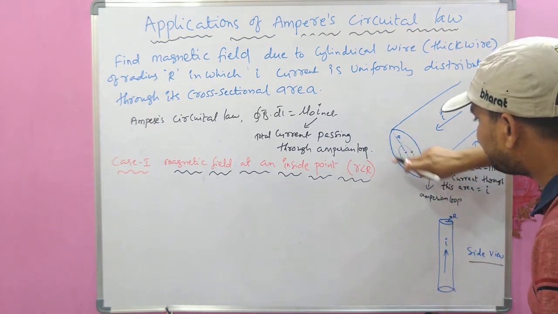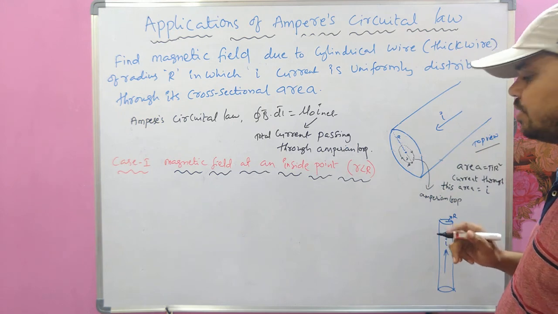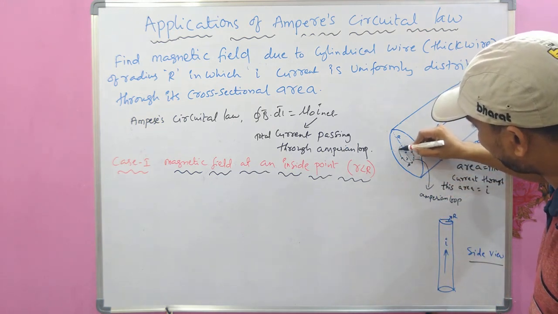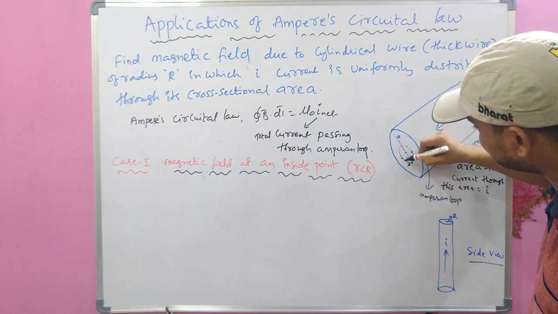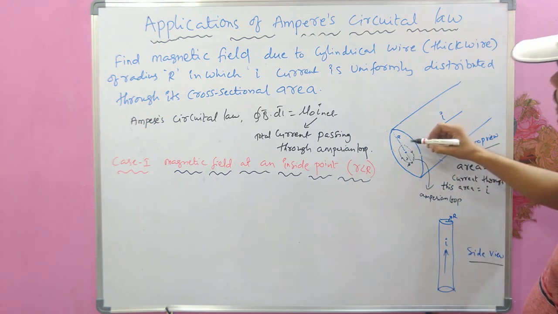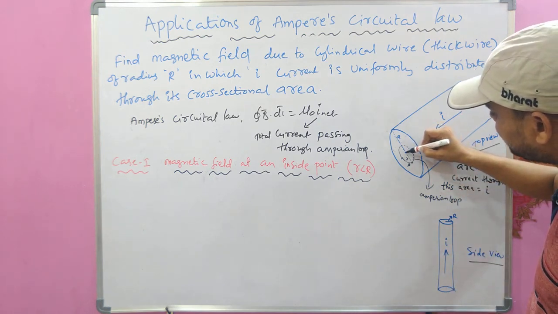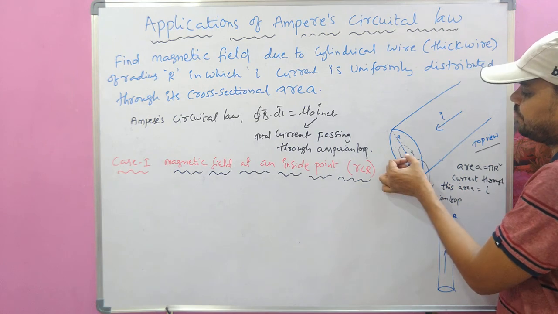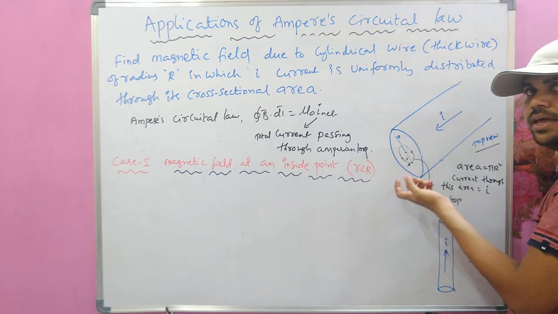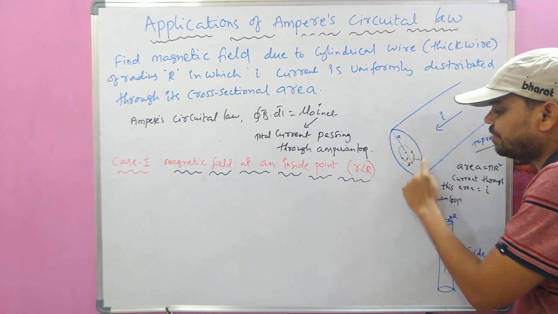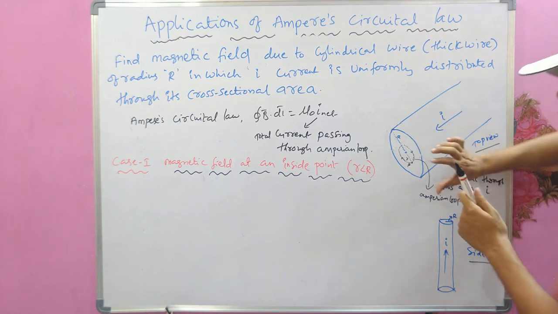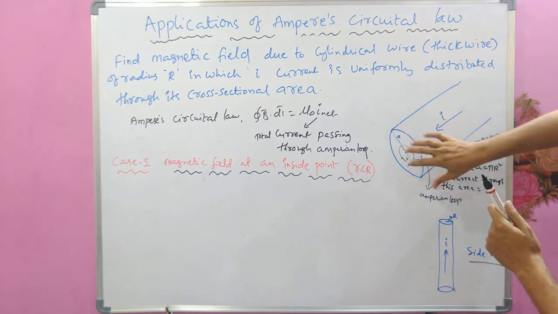On this Amperian loop, we can observe that the magnetic field at every point is the same. Why? Because every point is equidistant from the center of this wire, and hence at every point the magnetic field will be the same, because the magnetic field is distributed in circular shape.